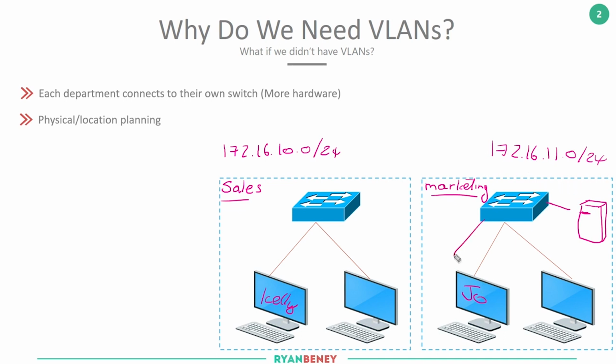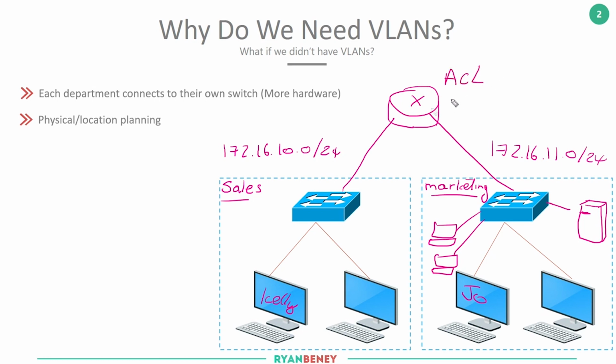So all of the guys and girls that are connected into the marketing department can have direct communication to and from it. Obviously, if sales wanted to speak to marketing, because they're in different subnets, they would need to traverse through a router. But what we would have is some sort of ACL or filtering on the router to ensure that no one else can communicate with devices inside the marketing department unless they're authorized to do so.